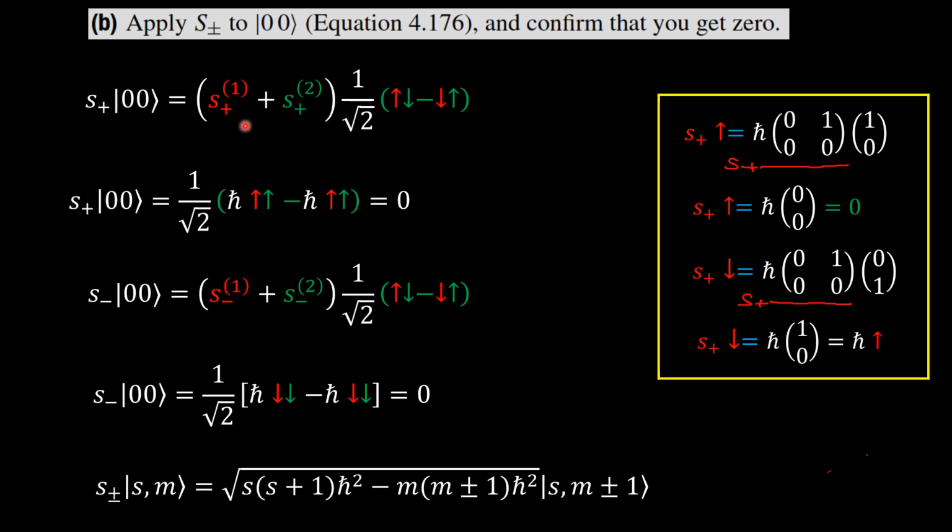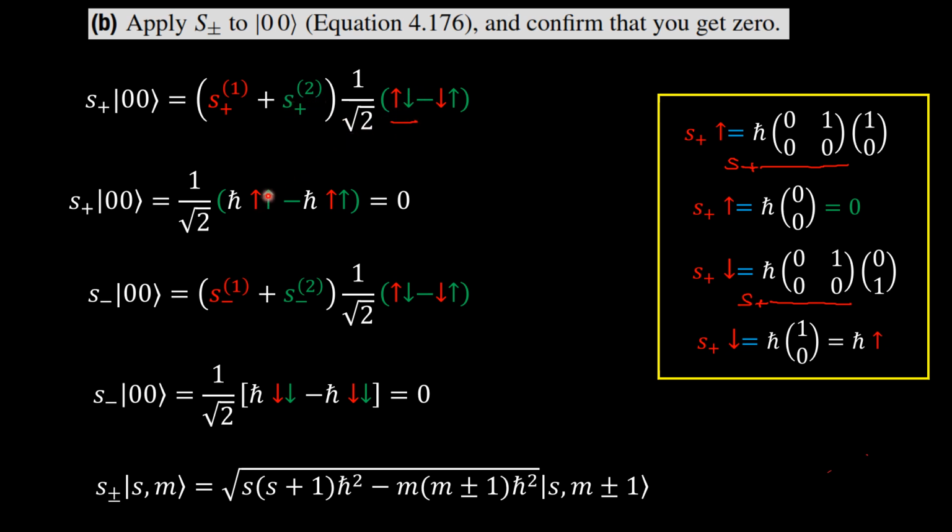Now you apply it here. First you take this pair and let S1, that is the electron rising operator, act on this red color, it will be 0. When this acts on the first pair, that is the proton rising operator, this will go to the up state.